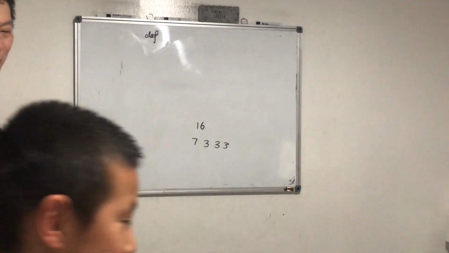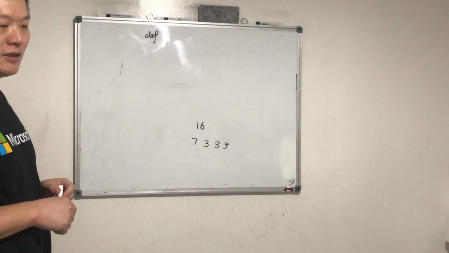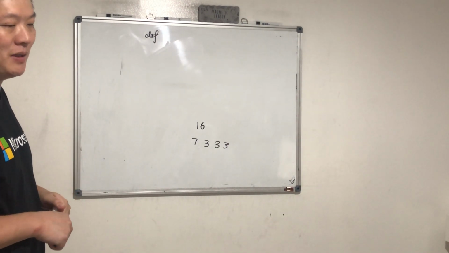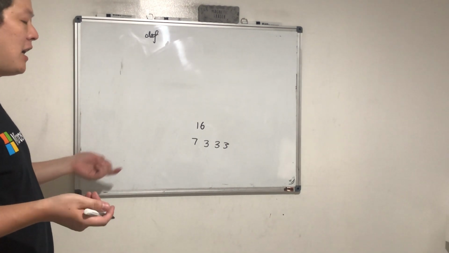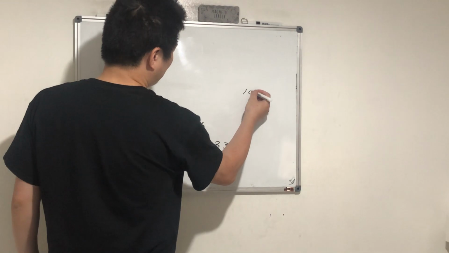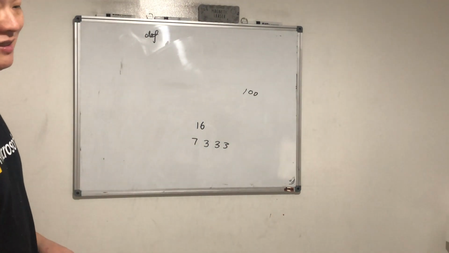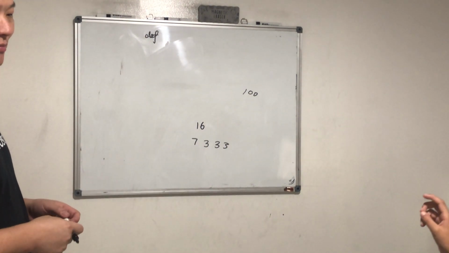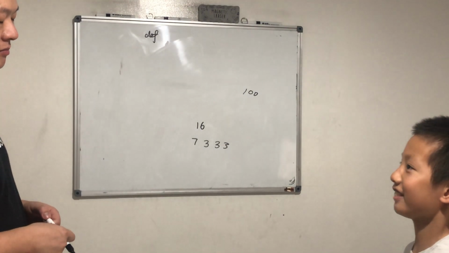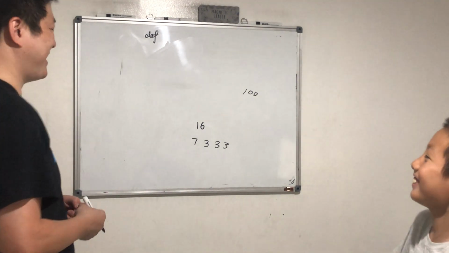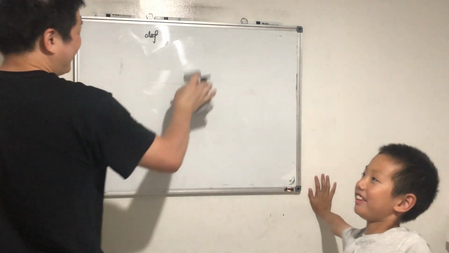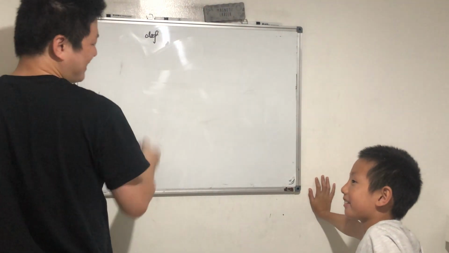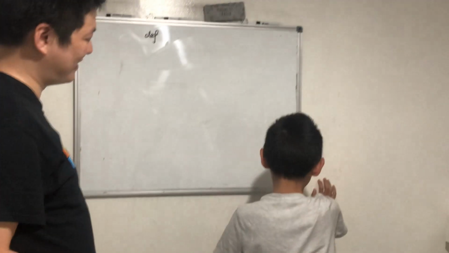So what's your approach to do this if given a very big number, such as 100? It's easy, 7 tens and 3 tens, 10 times 10. Okay, do a harder one.